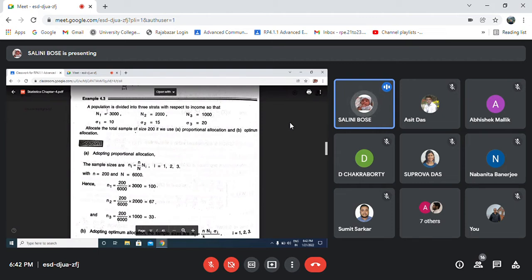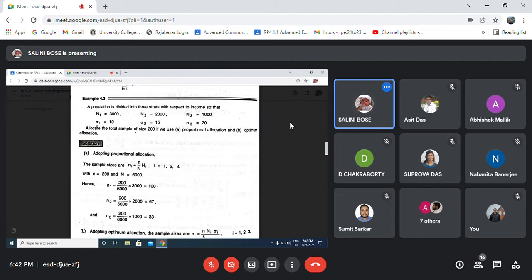Now they have given the standard deviation for each and every stratum. Now they want to allocate the total sample size, that means the total sample size, small n, is given as 200. It says to allocate the total sample of size 200 if we use proportional allocation or optimum allocation. So whatever your rule is, in these two rules you have to distribute your sample.